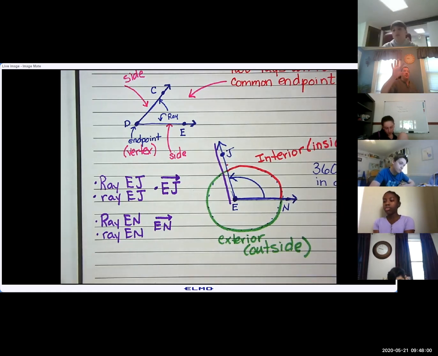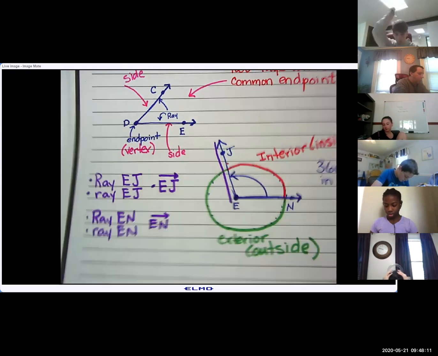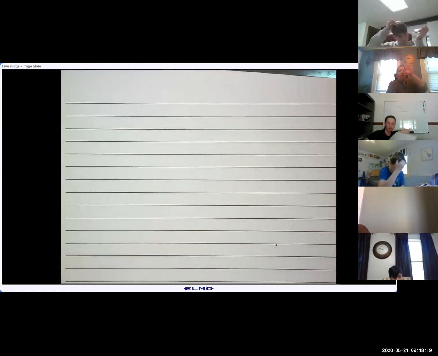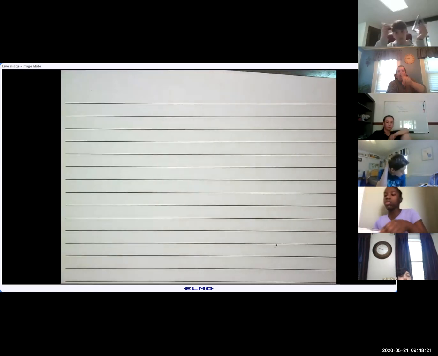Could you have your protractor out, please? If you do not have a protractor, that's okay. You can just watch. I'm going to go to a new page. I want you to watch and not draw yet, and you'll find out why in just a second.